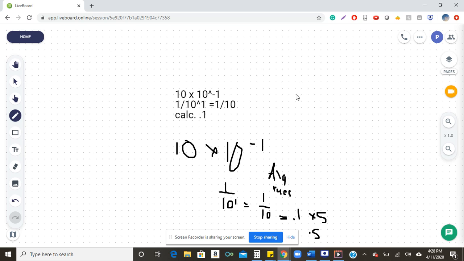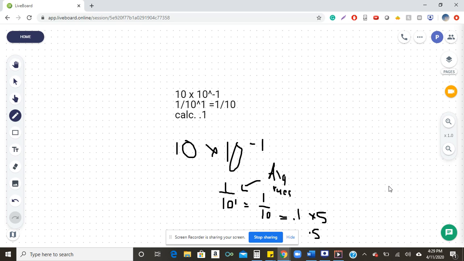So what we are going to do is take, let's say we have 10 times 10 to the negative 1. We are just going to use our algebra rules here, and we are going to turn this 10 to the negative 1 into a positive fraction. So we have 1 over 10 to the 1. And 10 to the 1 is just 10. So we have 1 over 10.